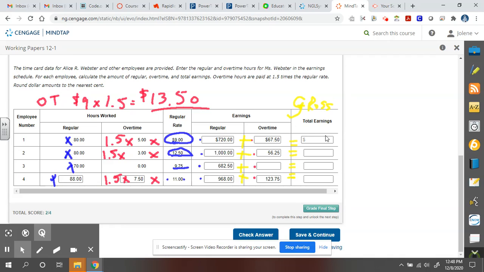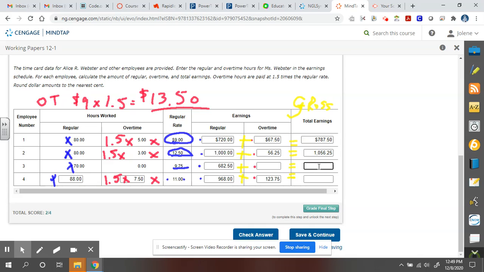So now we're going to find out total earnings for employee 1. We add 720 plus 67.50, 787 and 50 cents. All right, and then employee number 2 would be 1,056.25.